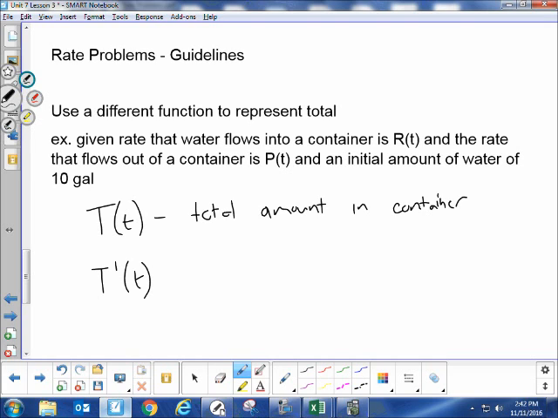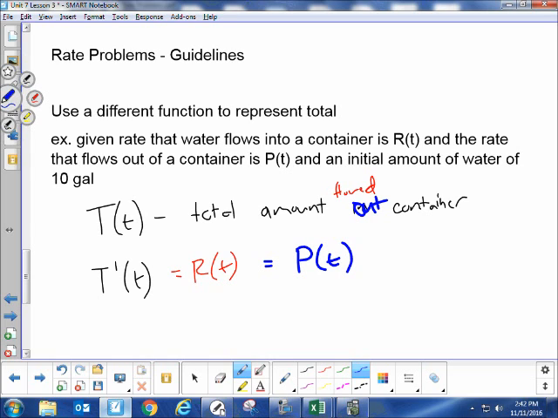If I wanted to say, oh, this is the total amount that flowed in, we would say T prime is R. But if I say, oh, this is the total amount that flowed out, then we would say T prime is P.